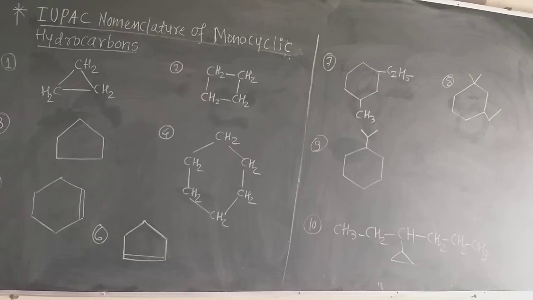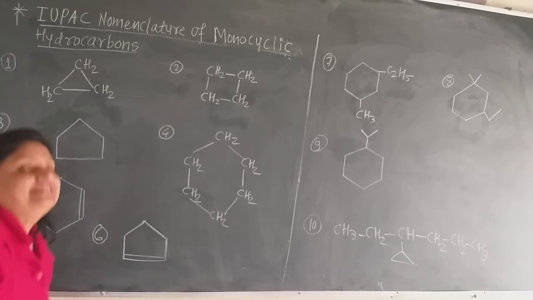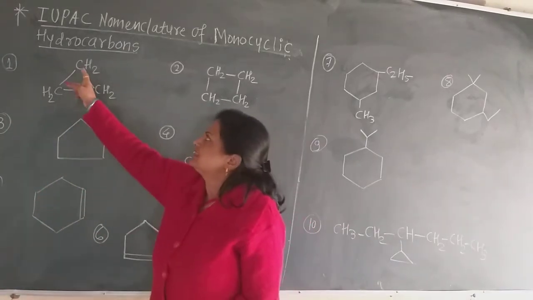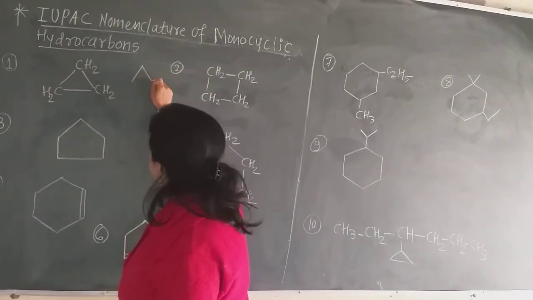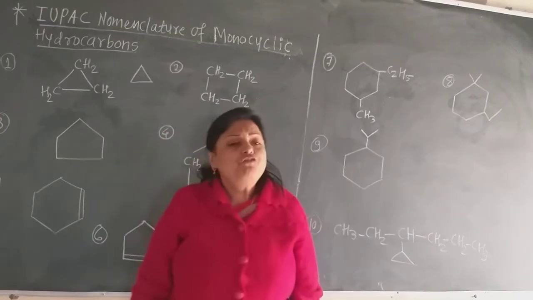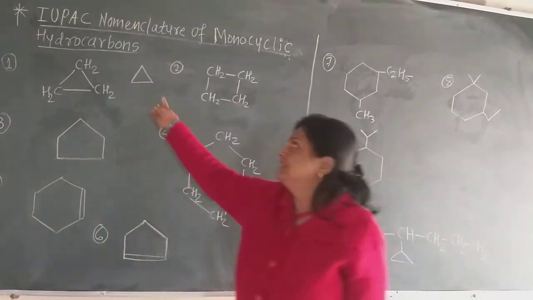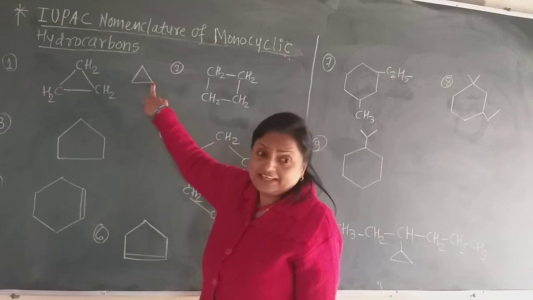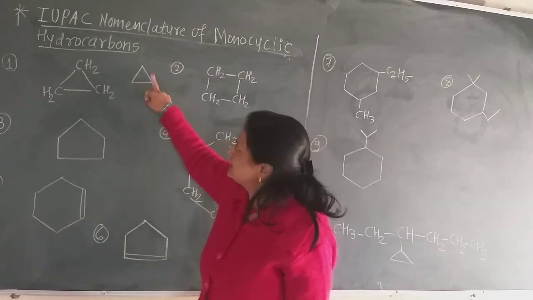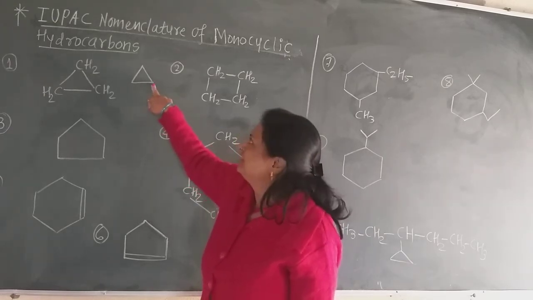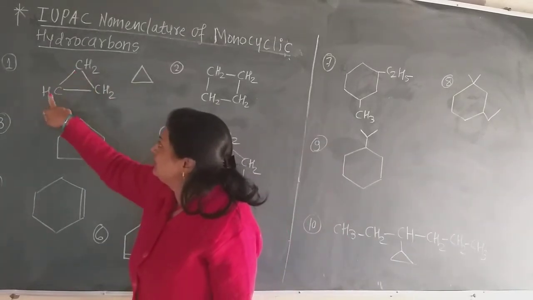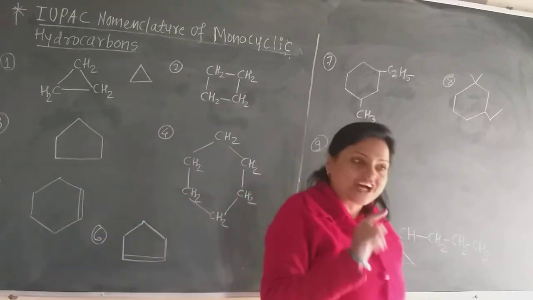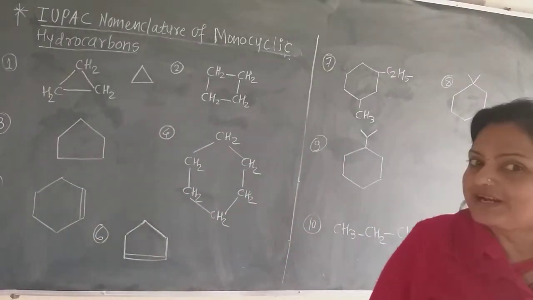Now see the first one. I show here this compound as CH2, CH2, CH2. This can also be drawn as a triangle, because on each corner there is a carbon containing 2 hydrogens, as 2 bonds are already there. So I show 2 hydrogens on each carbon atom because the valency of carbon is 4.